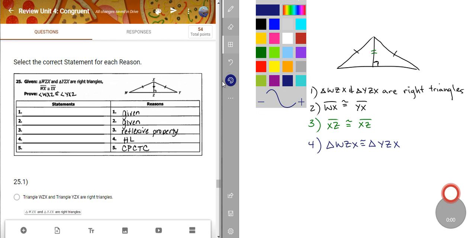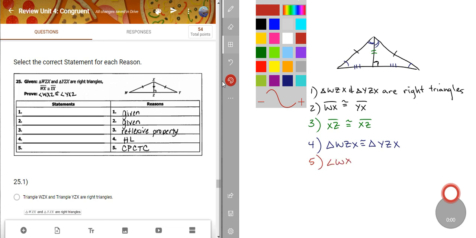And then if I know this triangle is congruent to itself, then I know all of its corresponding parts are congruent. And so based on that, we can make our final statement, which is what we're trying to prove.